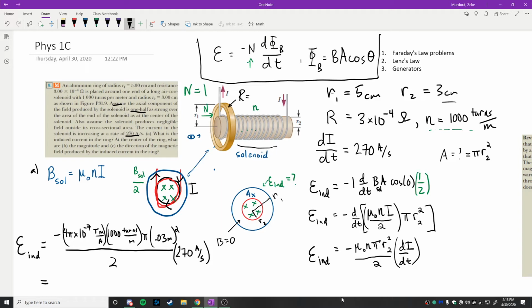This isn't even the answer, though, because we actually have to divide by the resistance. I suppose we could do that, but let's get the induced EMF first. Can you guys calculate what that is and tell me what you get? I'm out of water.